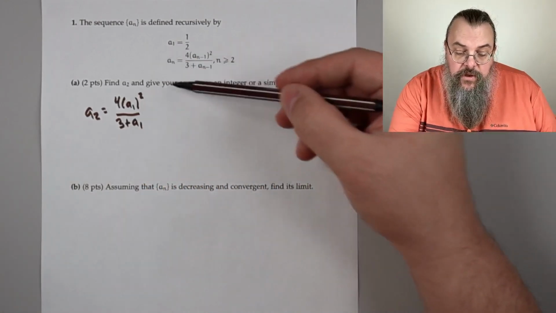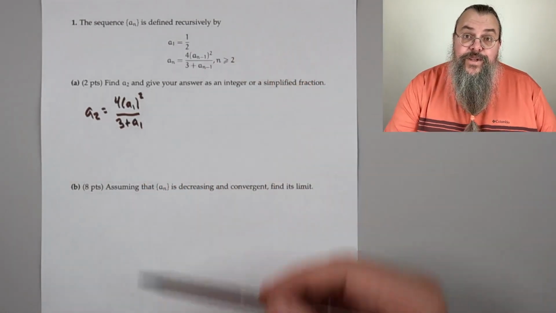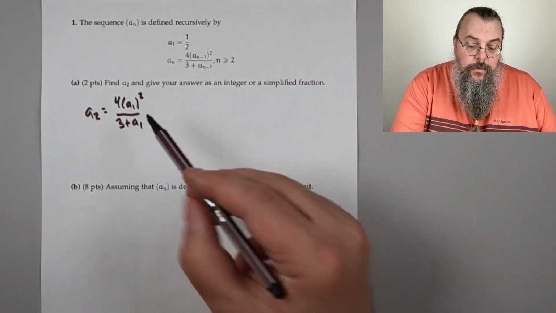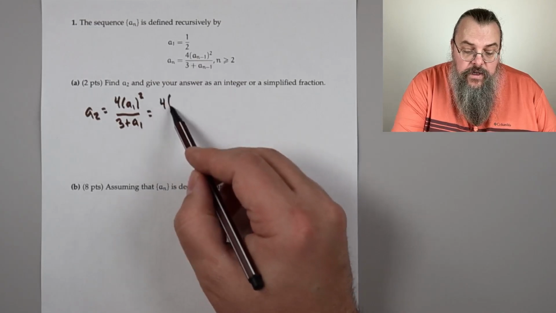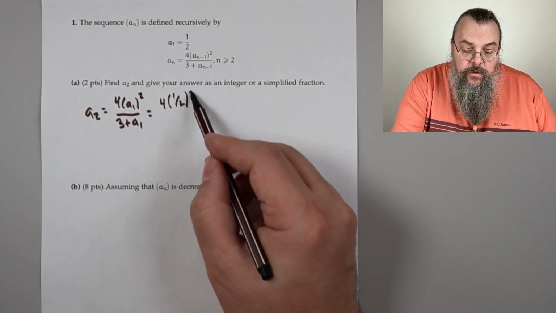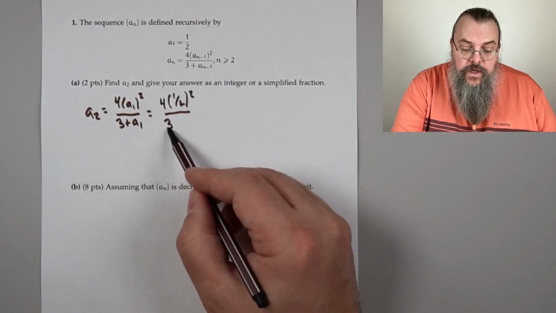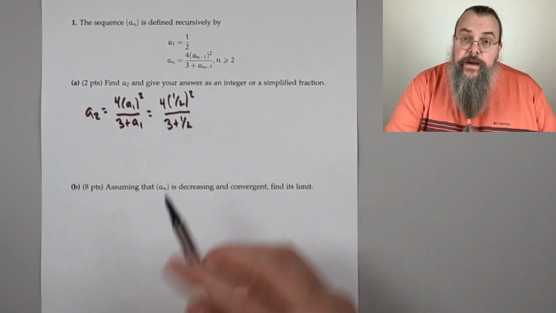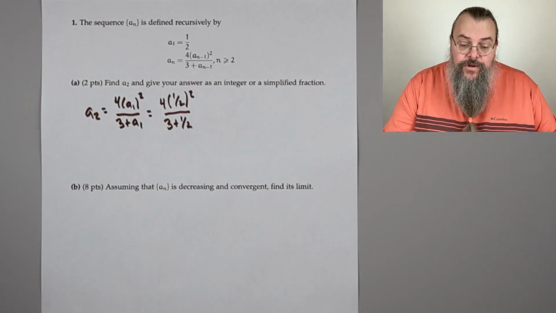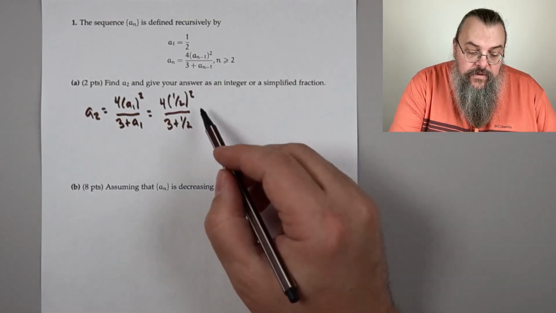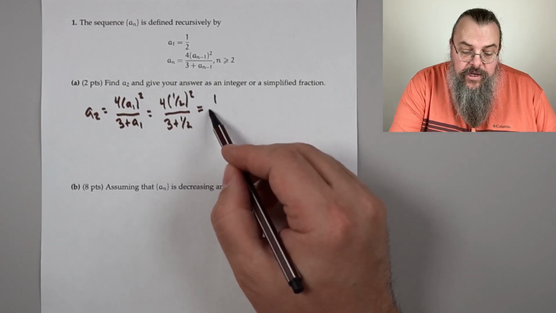In other words, we took the formula and plugged in n equals 2. But we know what A1 is. So this is 4 times 1/2 squared over 3 plus 1/2. Now, a half squared is a fourth, and 4 times a fourth is 1. So that simplifies the top.